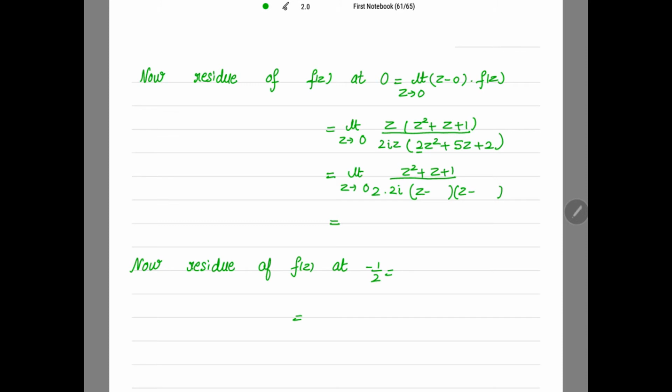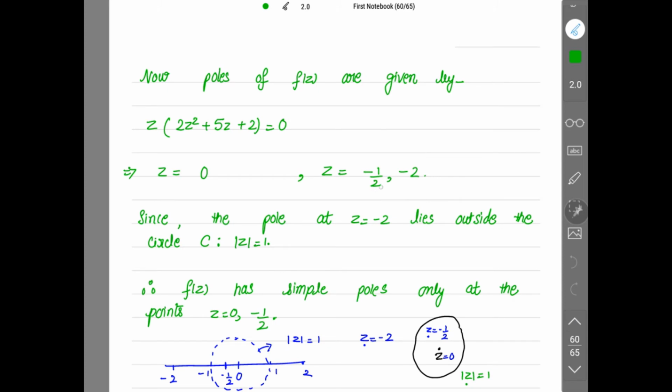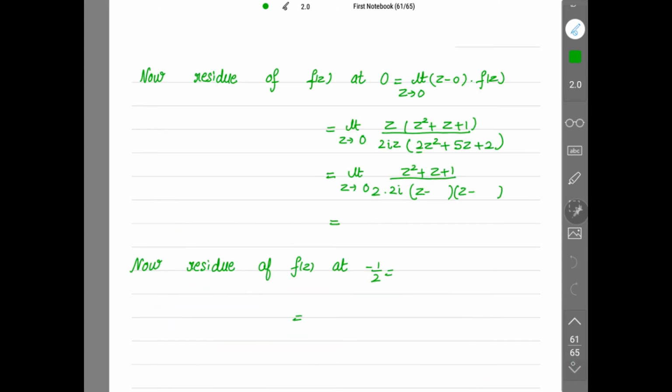The roots are minus half and minus 2. So z minus minus half is z plus 1 by 2 and this is z plus 2.